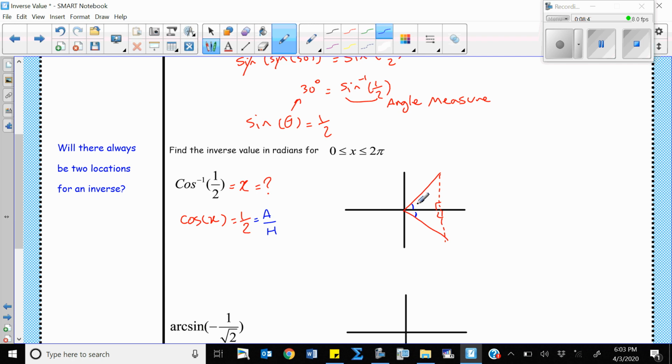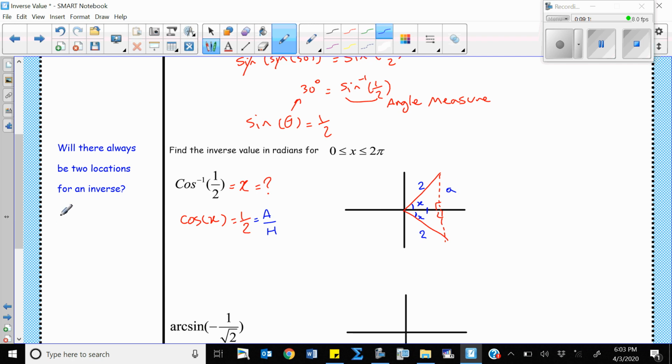On this angle, this is my x. On this triangle, the adjacent side is 1 and the hypotenuse is 2. On the other one also, if I call this x, the adjacent side is this 1 and the hypotenuse is 2. So I'm going to find the other side for each of these triangles. Let's call this a.